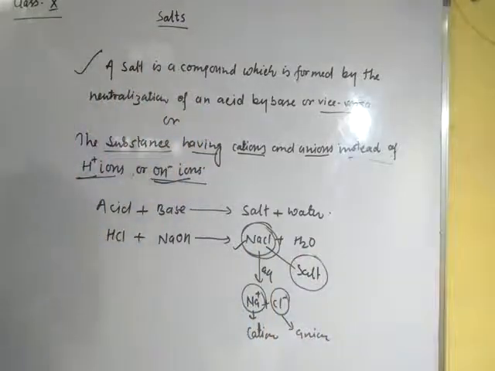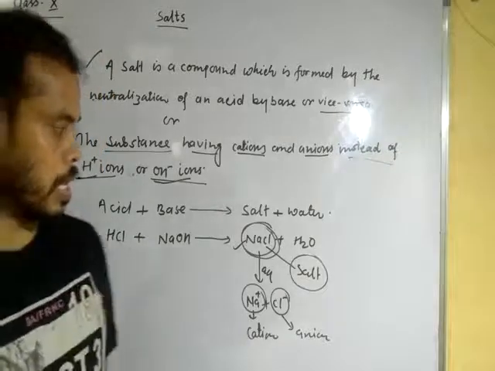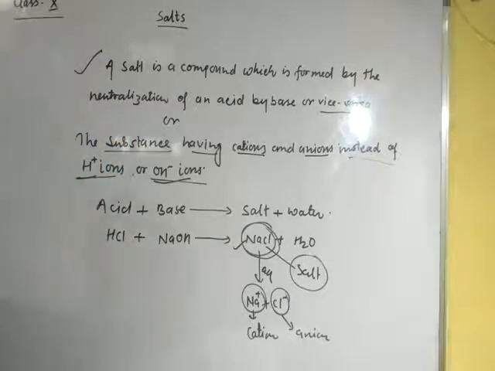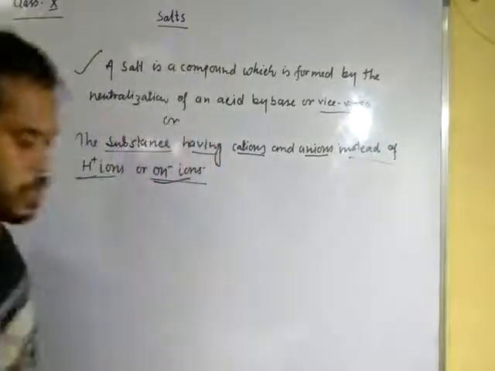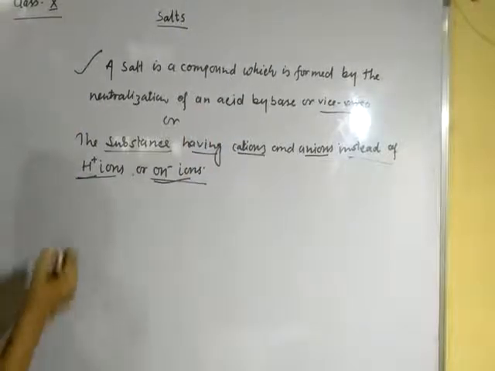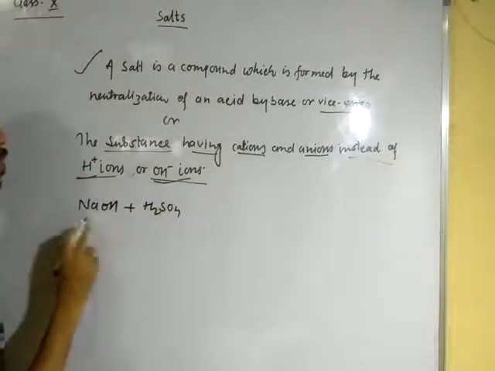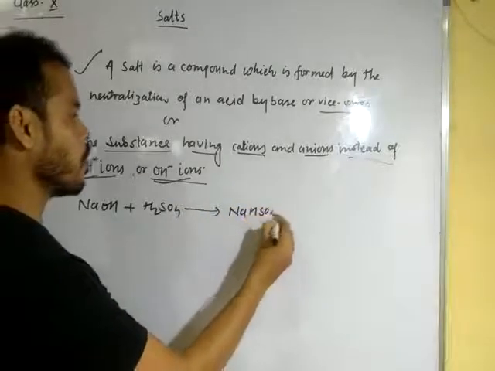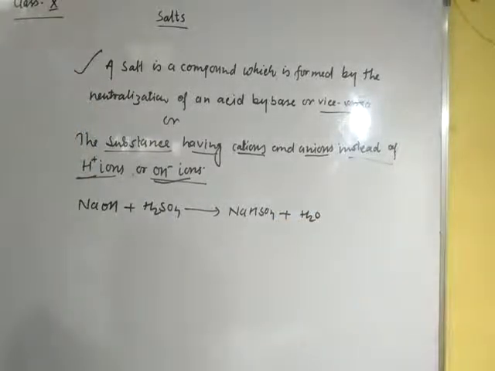So there are different kinds of compounds which contain cations and anions instead of H positive ion and OH negative ion. We are going to discuss another example and another definition of salt. Suppose NaOH is treated with H2SO4, sulfuric acid, base and acid, it forms NaHSO4 plus H2O, sodium bisulfate or sodium hydrogen sulfate.